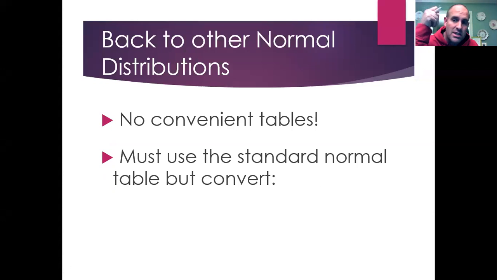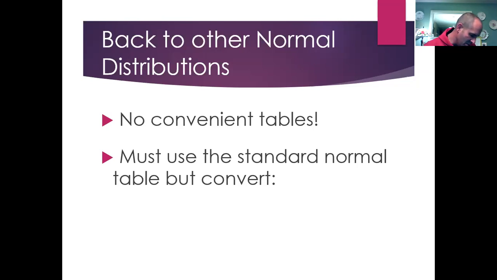Thankfully, in Excel, you may have noticed that they had normal distribution, not just normal standard. They have all of those built in, but under the hood, they're converting to the standard normal, doing the computation, and then going back to the other one. But we can always convert a normal distribution to a standard normal.